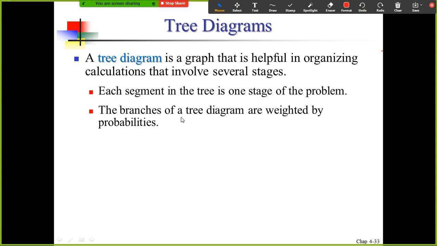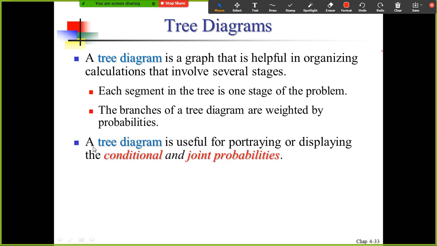The branches of the tree diagram are weighted by probabilities. A tree diagram is useful for displaying or portraying the conditional probabilities and joint probability together.